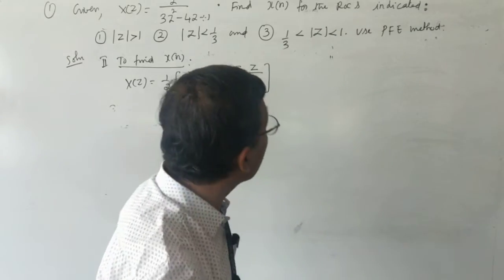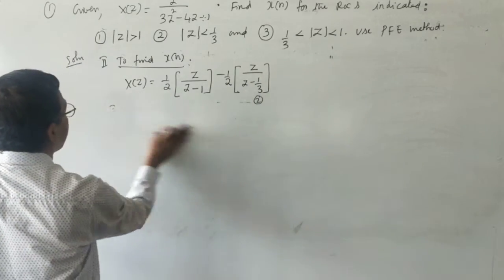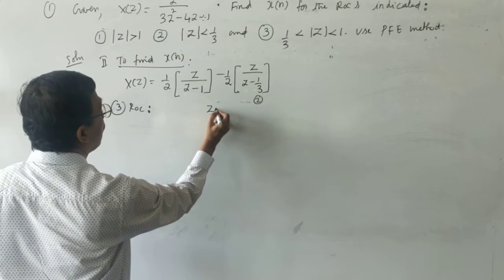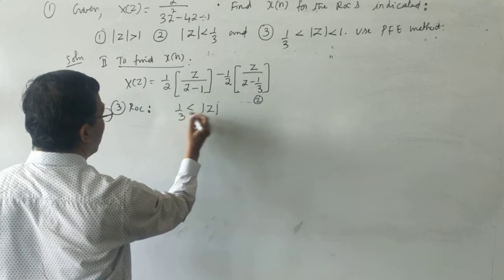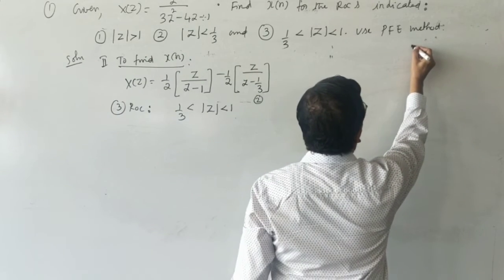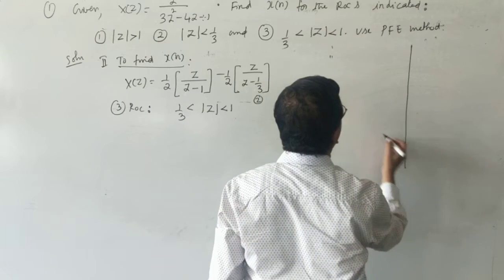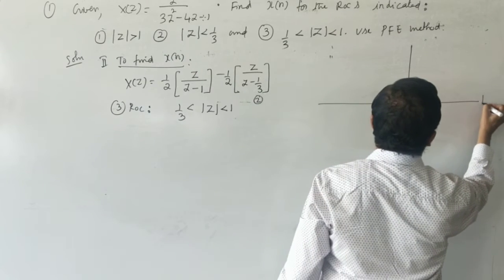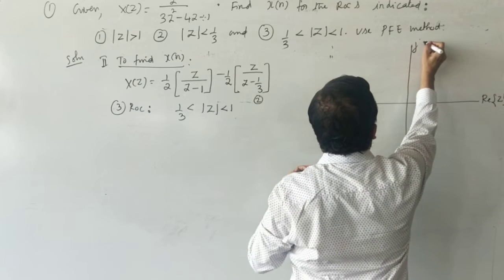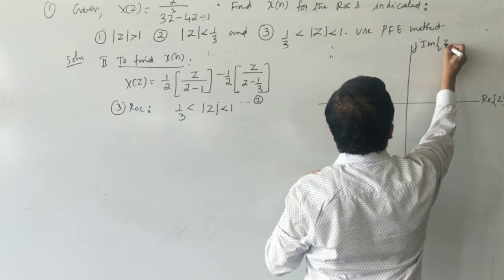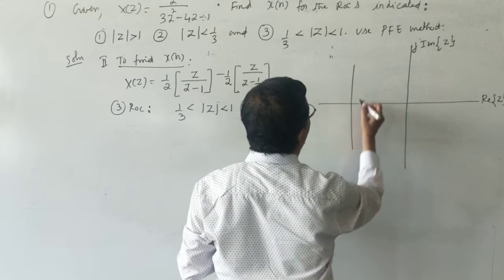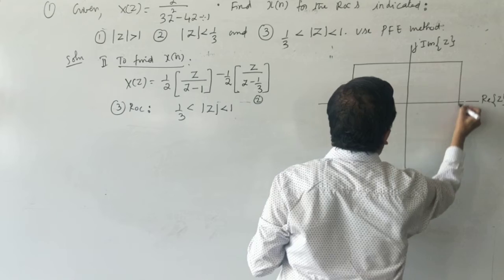The last ROC is mod Z greater than 1 by 3 and less than 1. Again, we will mark the poles and draw the ROC. Z plane is a complex plane having real axis real Z, imaginary axis j times imaginary Z. The entire Z plane is supposed to be encompassed inside this rectangle.